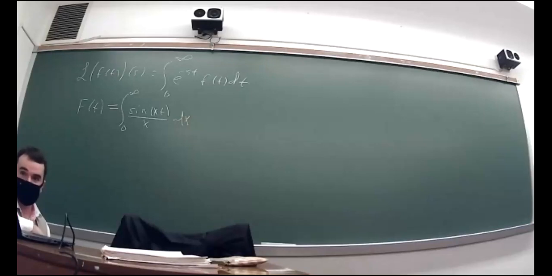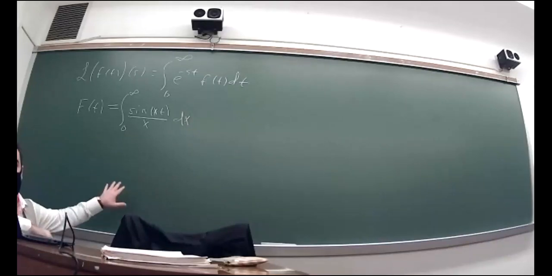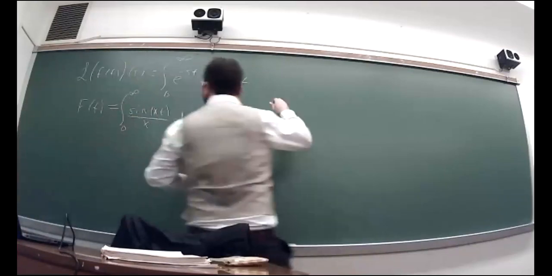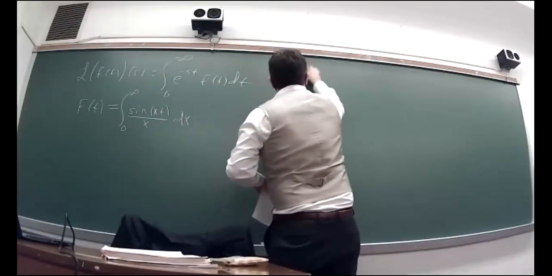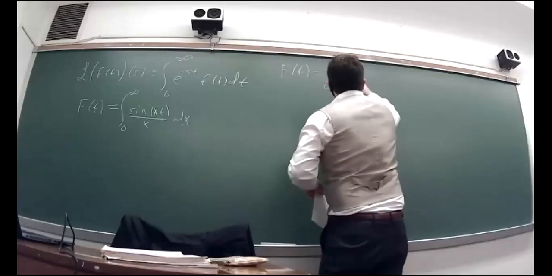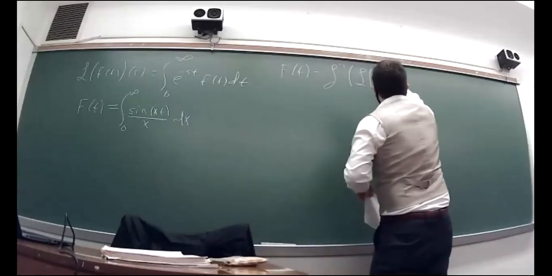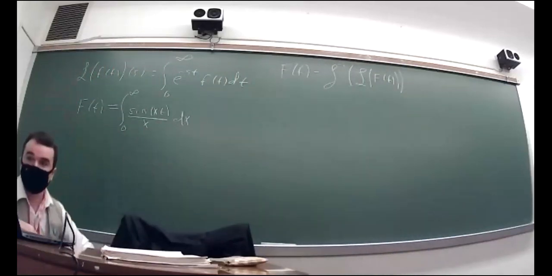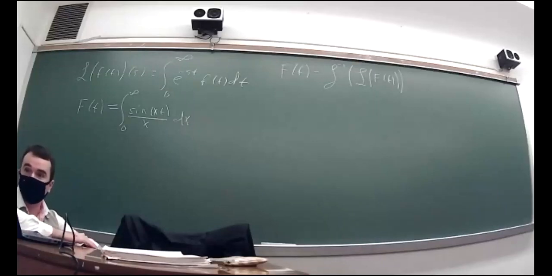You take the Laplace transform of f and then the inverse Laplace transform of the result. That gives you a new way to represent this function. It's going to be kind of amazing. So here's the idea. We want to write this function as the inverse Laplace transform of the Laplace transform of f, and see what happens. So let us calculate.